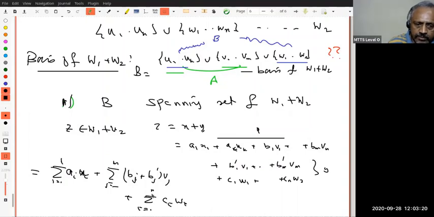Right? Therefore, any vector Z is spanned by the u's, v's and w's. Therefore, the first claim is proved. Pause, review, proceed.